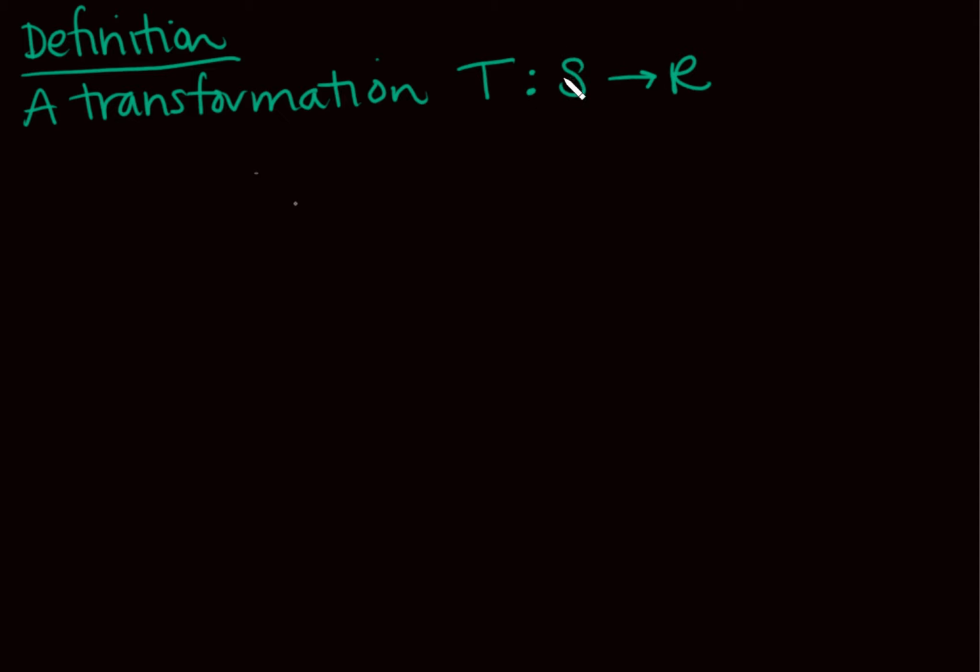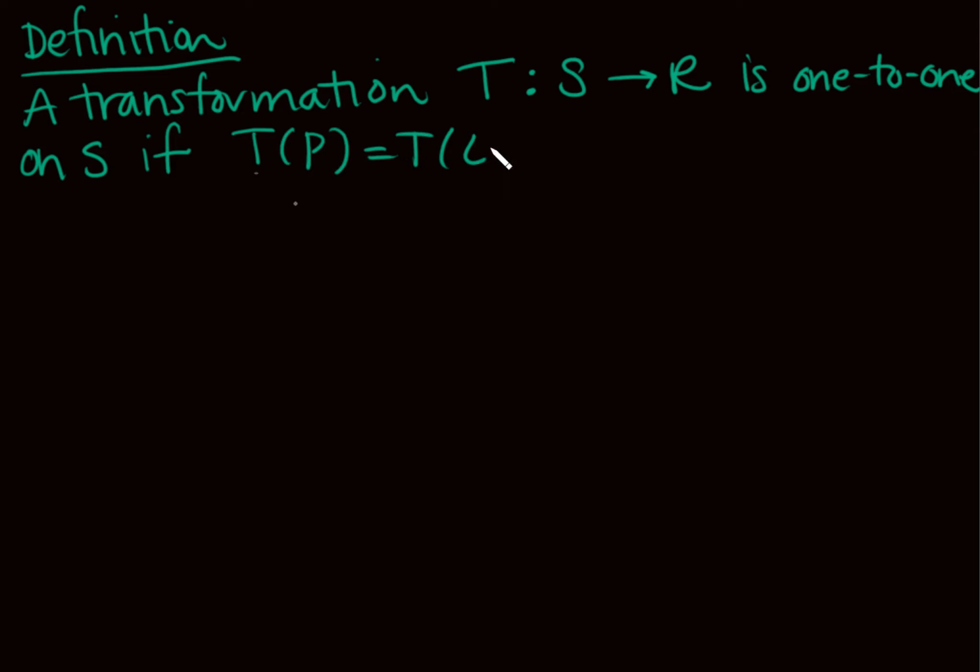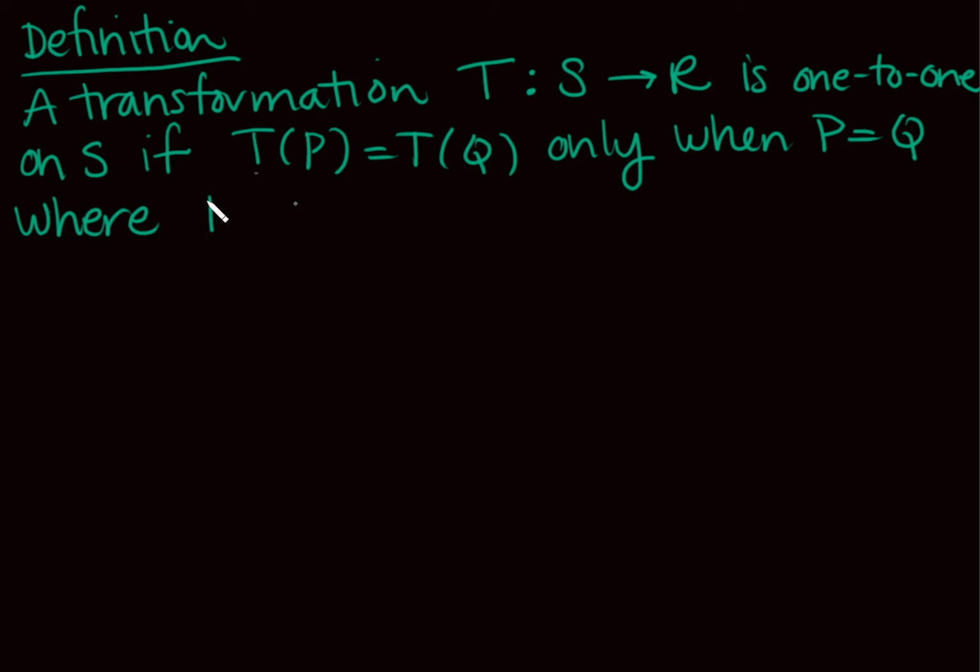So T: S → R is taking things in S and mapping them into R. This is what we say is 1-to-1 on S, because that's what it's mapping from, if T of P equals T of Q only when P is equal to Q, where P and Q are just points in S.